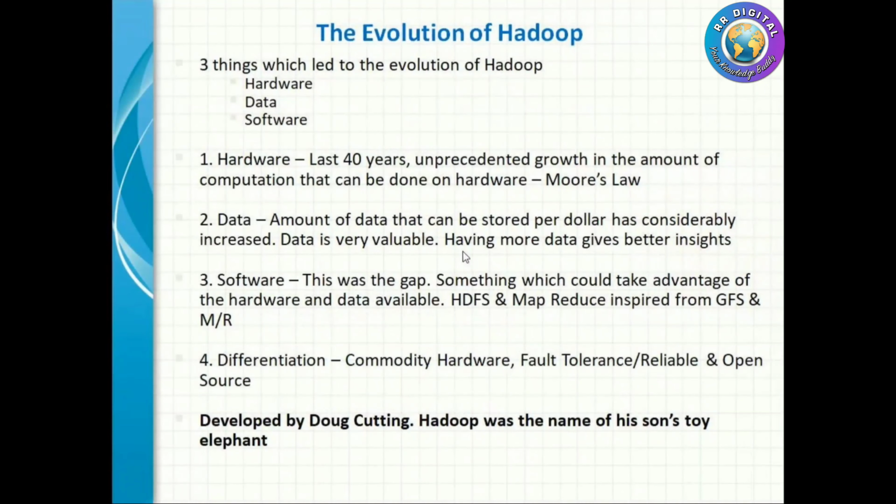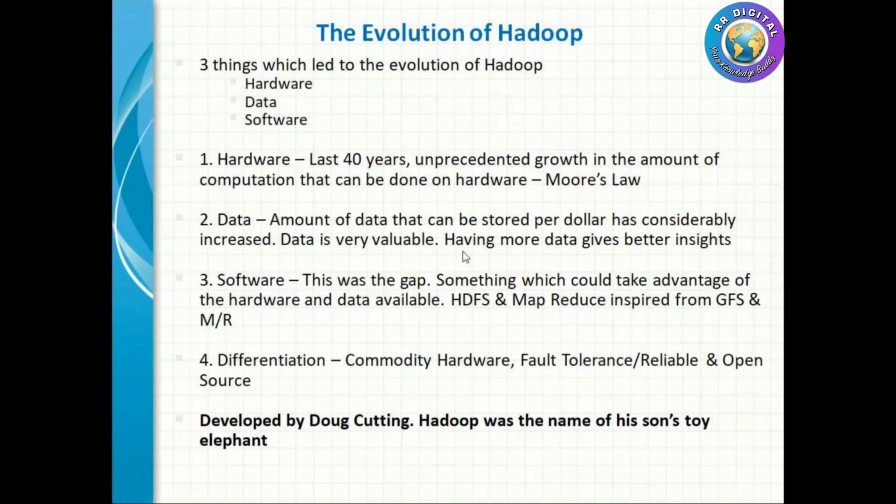And also the evolution of Hadoop. Here we should know three things. One is hardware, second is data, and third is software. Hardware was very expensive 40 years back, right? Even 15 years back, if you wanted to buy one laptop with just 2 GB RAM and a 250 GB hard disk, it cost 40,000 to 50,000 rupees.